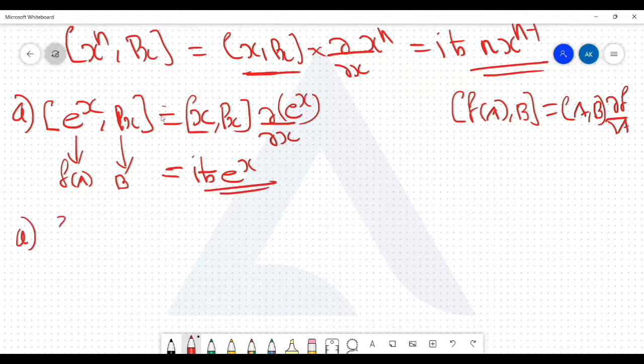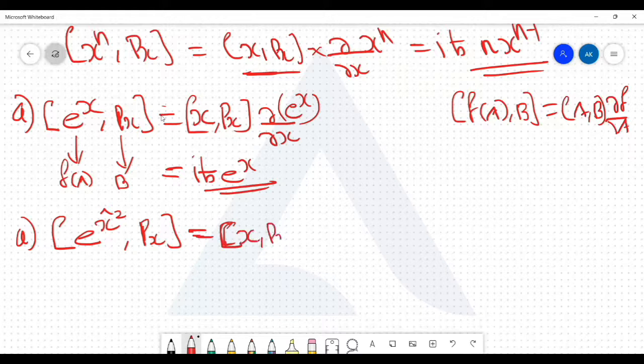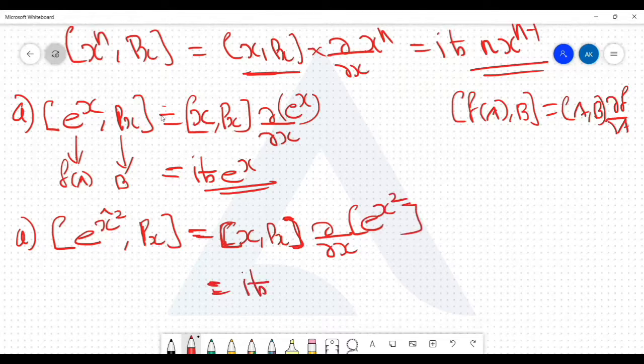Now you have [e raised to x square, px]. That will be [x, px] ∂/∂x of e raised to x square. The [x, px] commutator is iħ. The derivative of e raised to x square is e raised to x square into 2x. So this is the answer.